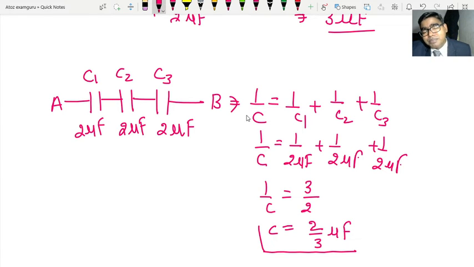But in this case, by combining the three capacitors, each of capacity 2 microfarad, it reduces to 2 by 3, meaning thereby that the combined capacity of all these three capacitors is less than the individual capacitance.